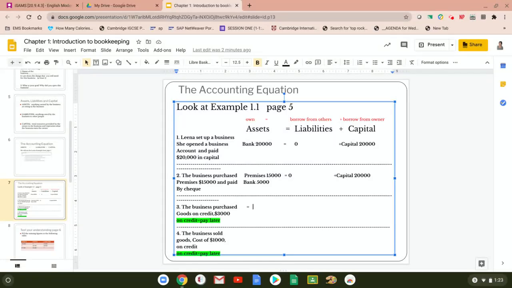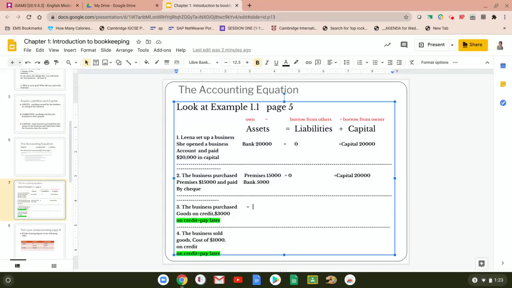So perhaps she's preparing all kinds of stuff for her own business. So perhaps she's going to buy clothes or anything that's related to the dress shop. In this case, it says here the business purchased goods on credit worth 3,000.